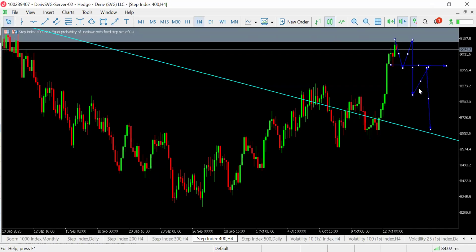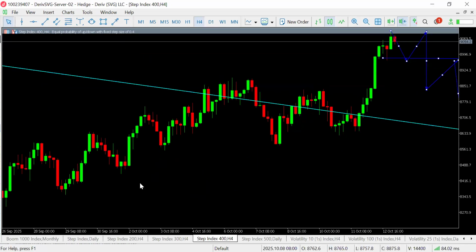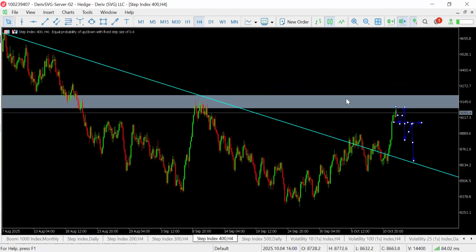So this is what I mean by bearish reversal chart pattern, or a change in character or a change in structure from upwards to downwards. So these are my take on the newly included step indices, step index 300 and step index 400.